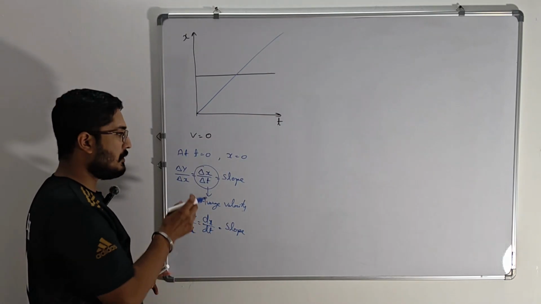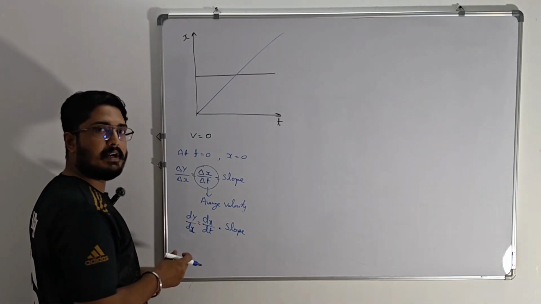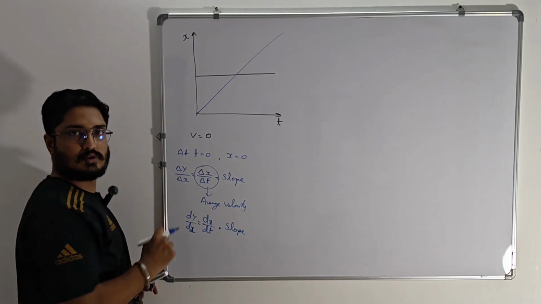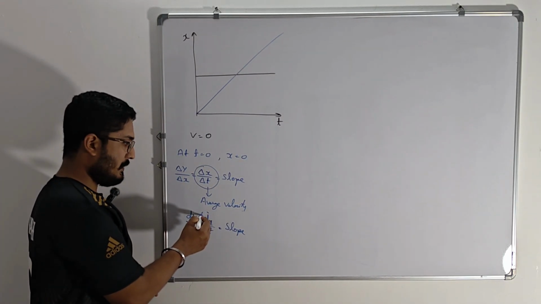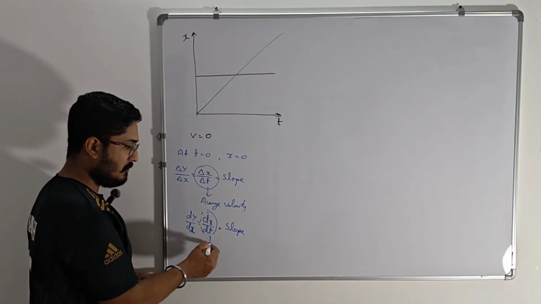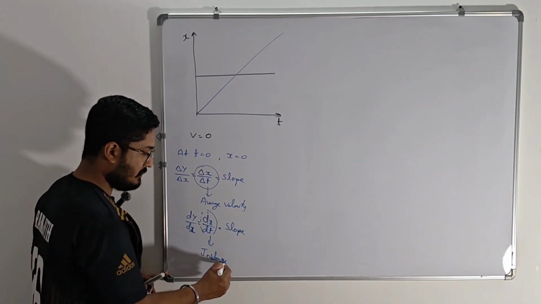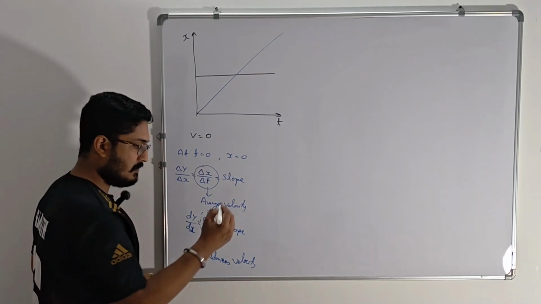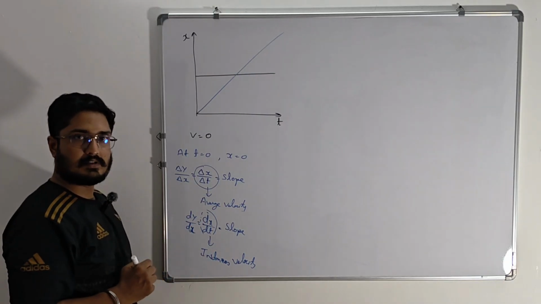The only difference is that when you do delta, you're talking about the average slope. The moment you do dy by dx, you're talking about the local, instantaneous slope at that position. So this is also slope. And from the previous video, you know what this value is: this is instantaneous velocity, and this is average velocity.